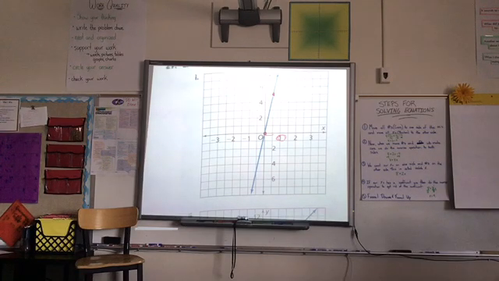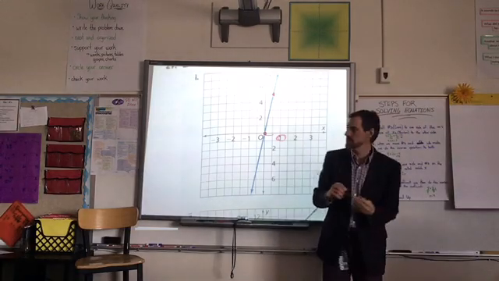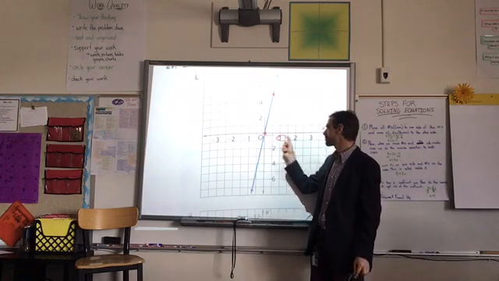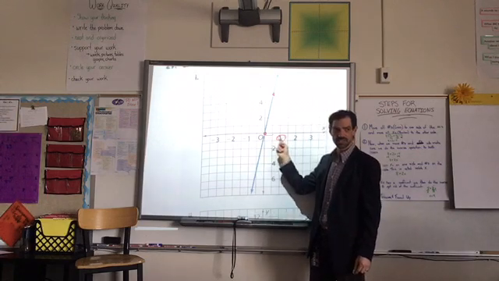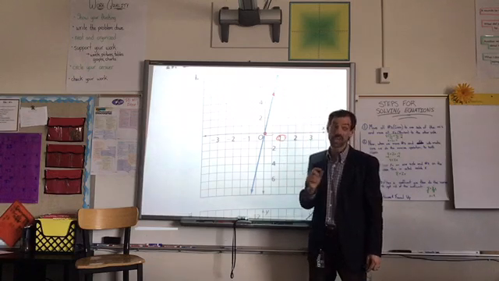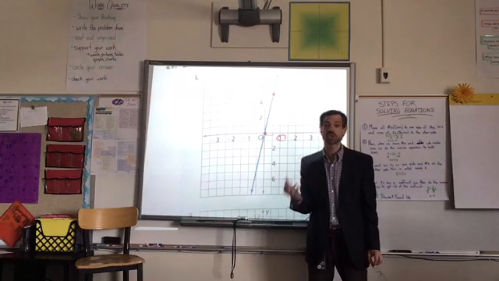Wow. So I can tell you, we didn't necessarily make many errors in our change in y and change in x. Our error was realizing that this is not 1, 2, 3, 4, 5. You've got to pay attention to that scale, right? Scales on every graph change.